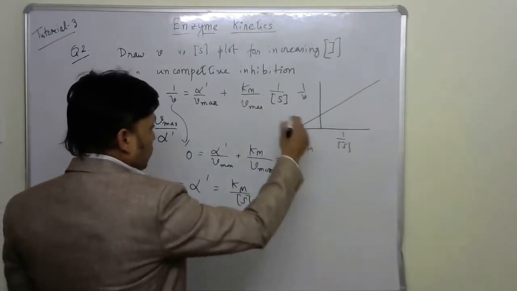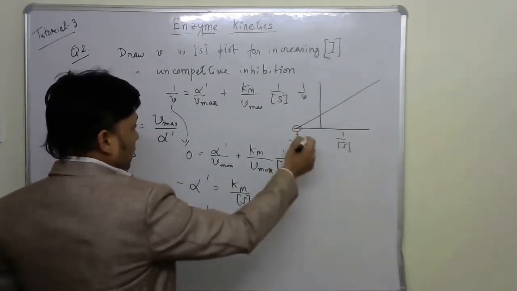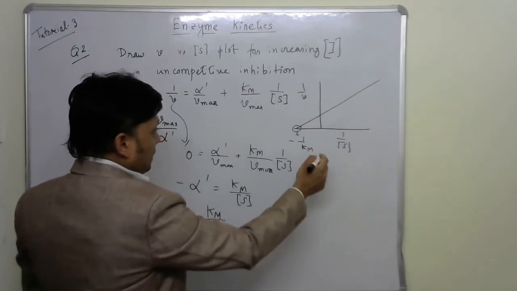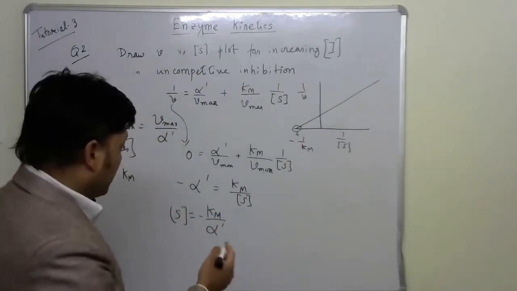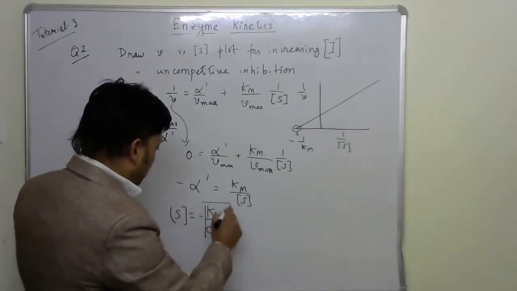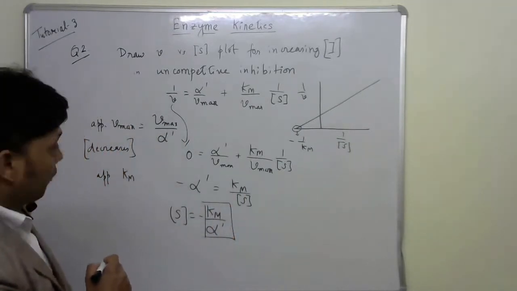For the uninhibited reaction, S is equal to minus Km. So now, for the inhibited case, S is equal to minus Km by alpha prime.